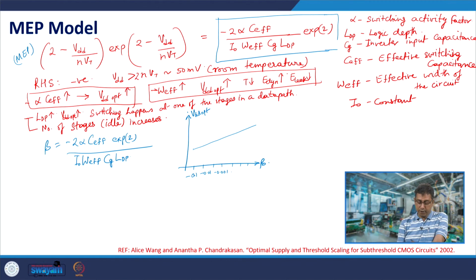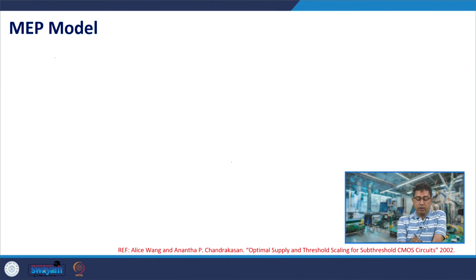So, what are we essentially doing? If we plot the energy versus VDD, what happens to the dynamic energy? As we know, the dynamic energy keeps growing. And what happens to the leakage energy?